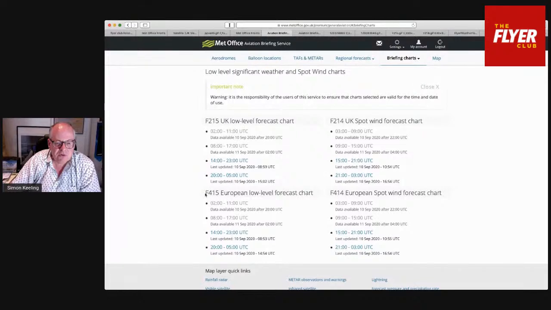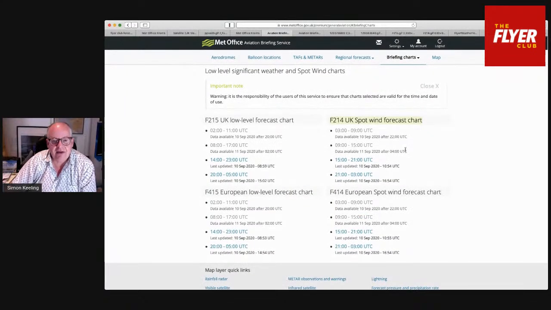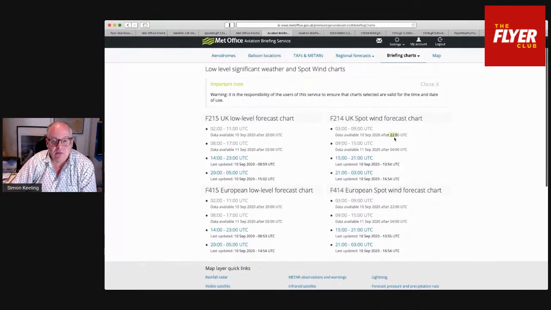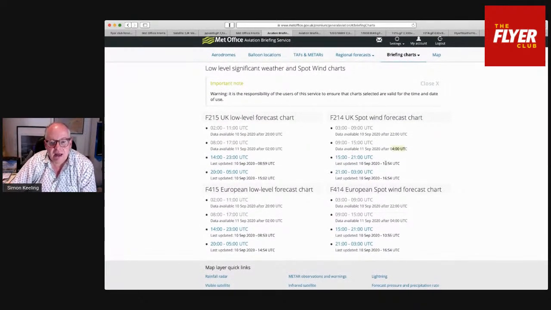Now, this is form 415, which I mentioned as well. That's exactly the same as 215, apart from it covers northwestern parts of Europe. The spot wind forecast is form 214, and that's available at 2200 hours to cover the following morning period, 0400 hours, which covers that day, around 1100 hours, which covers the afternoon, and then around 1700 hours, which covers the evening.